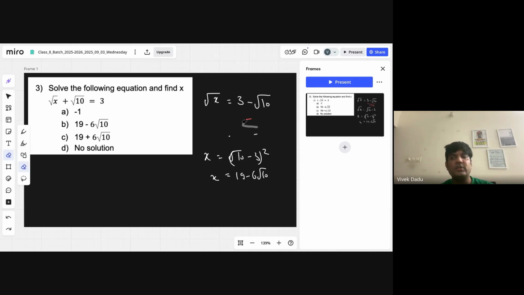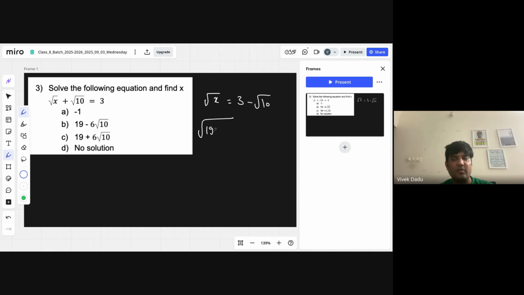Because you know the equation up front. You know which equation you are solving, right? And if you substitute, one more thing, Bhavya. If you substitute here, square root of 19 minus 6 root 10 equal to 3 minus root 10. Now, I have not taught you how to do a square root of this. But once you learn, you will realize that this left-hand side will come root 10 minus 3, and the right side is 3 minus root 10.